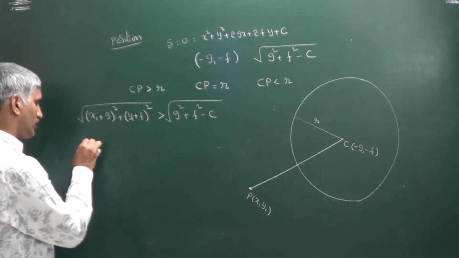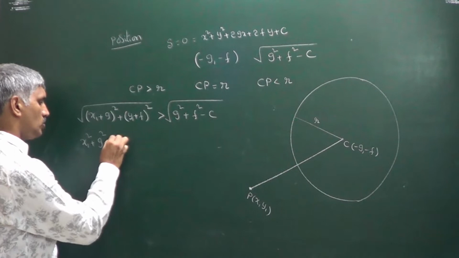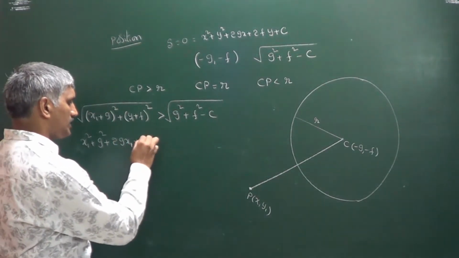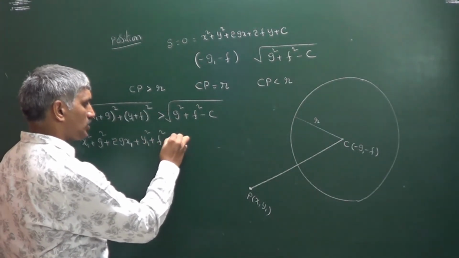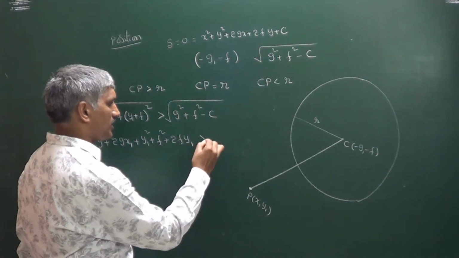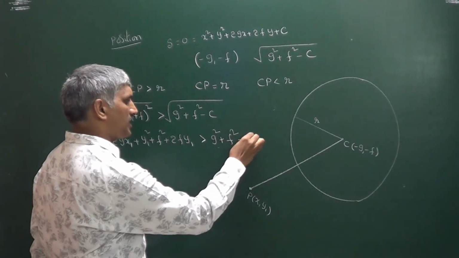So now the simplification is x1 square plus g square plus 2g x1, plus y1 square plus f square plus 2f y1, is greater than g square plus f square minus c.